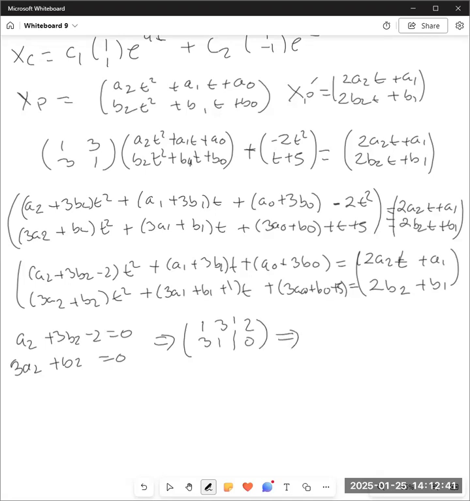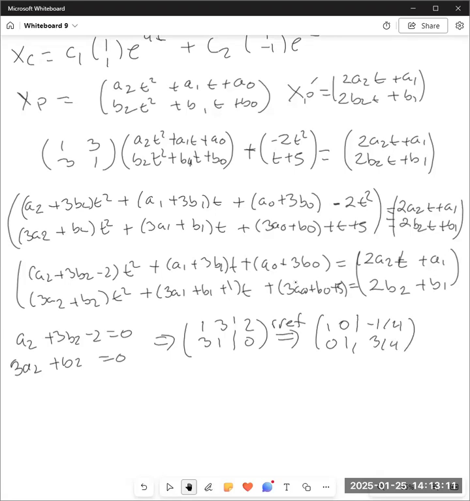And I'm going to RREF that to get 1, 0, 0, 1. And then this is solving for A2 and B2. So those are -1/4 and 3/4.